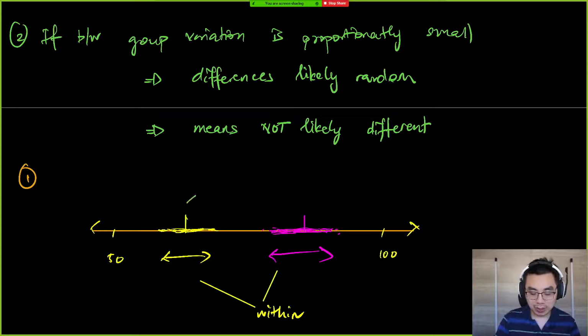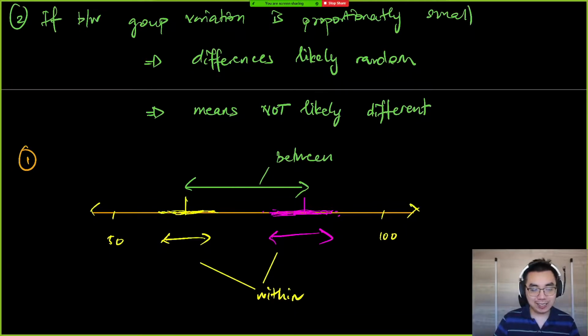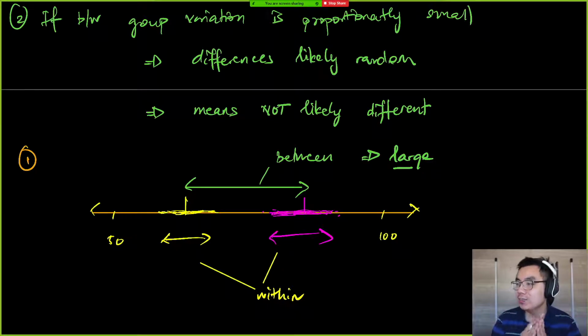In that case, this would be this right here. This will be the between group variation. And in this case, you can see that the between group variation is actually quite large. And because it is quite large, you're likely to say that the average mark in these 2 classes are probably different.